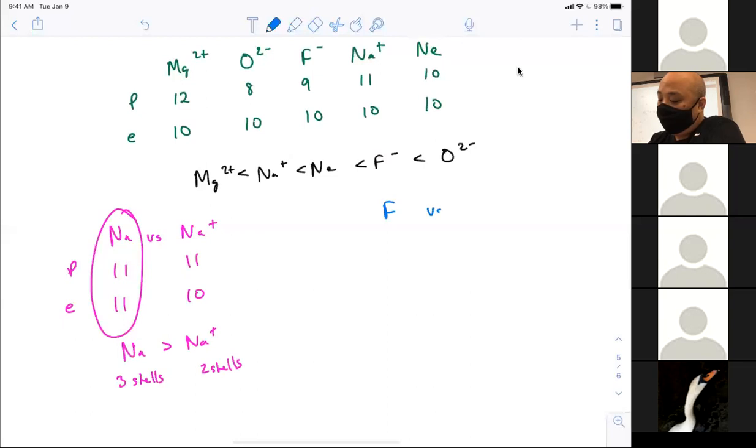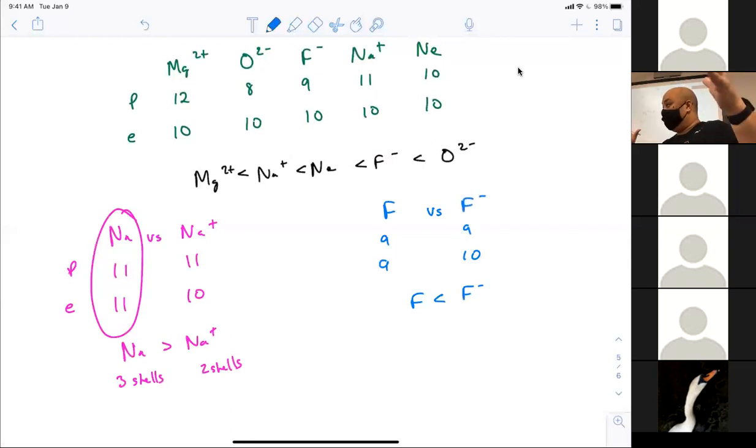Now, if you compare fluorine versus fluoride, it's 9 and 9 and 10. Which one's going to be bigger? Fluoride. But that's not because it has more shells. It's because it has more electrons, which causes more repulsion. When the electrons have more repulsion, they spread out more because the protons are unable to hold them together as well.